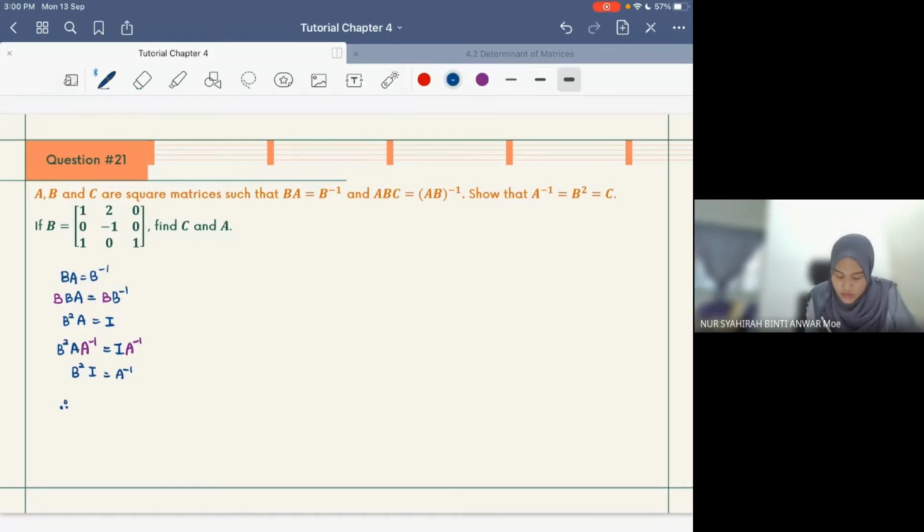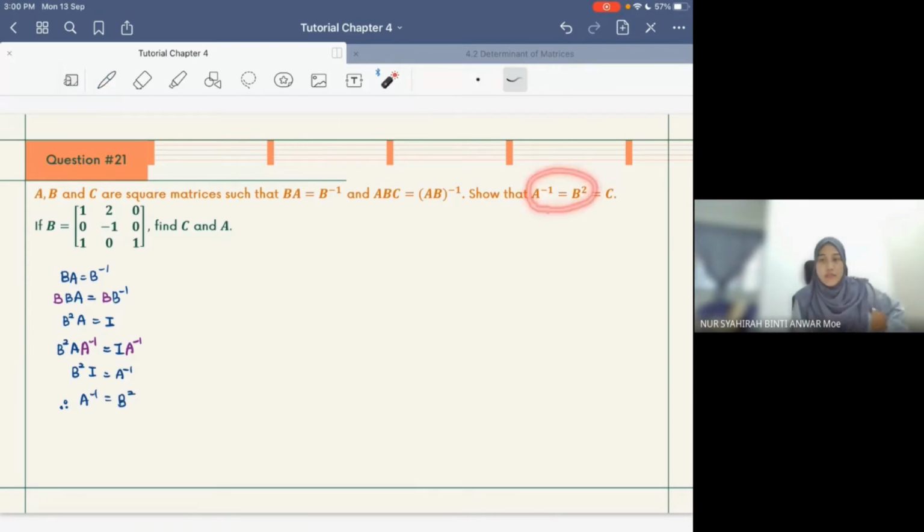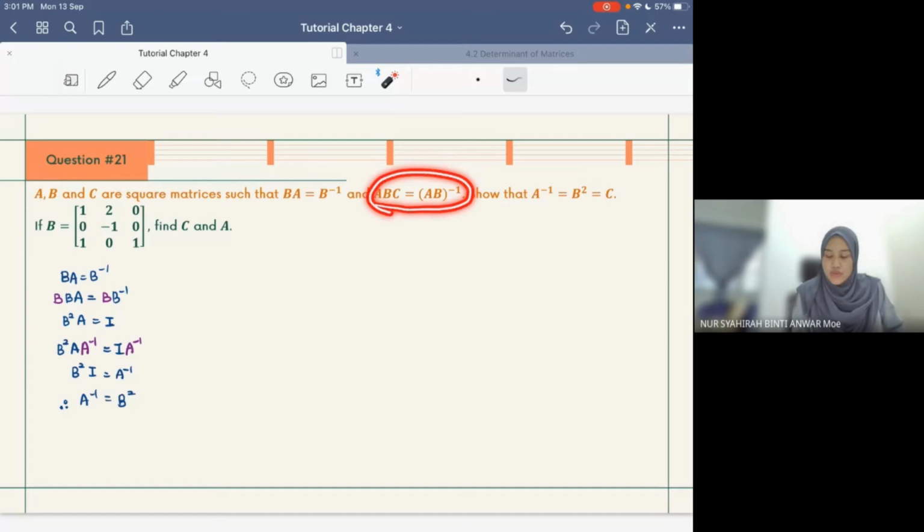Therefore, A inverse is actually equals to B square. So kita dah tunjuk half of this statement. A inverse sama dengan B square. So settle lah. Now, from this equation, kita nak cuba wujudkan yang equals to C. So either B square equals to C ataupun A inverse equals to C. So mana-mana boleh lah.